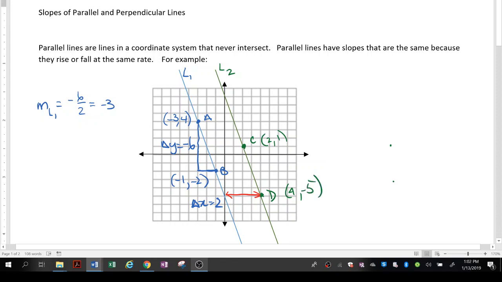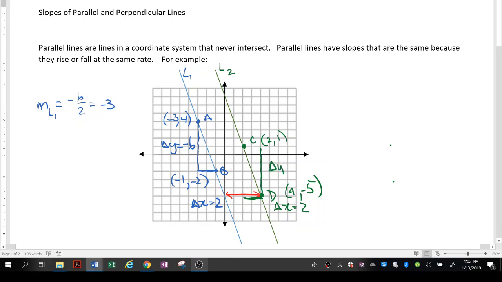Again we can use the slope formula for finding the values, or we can simply count. Here is our change in x, and our change in x is 2 units. Our change in y, again, we're falling. So our change in y is 1, 2, 3, 4, 5, 6.